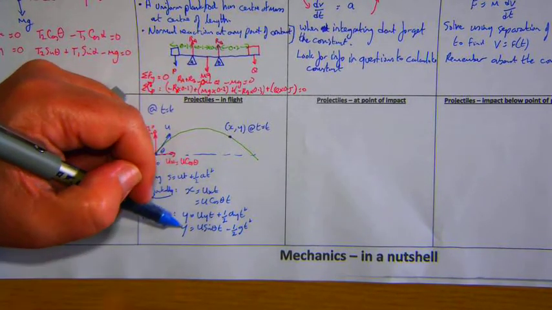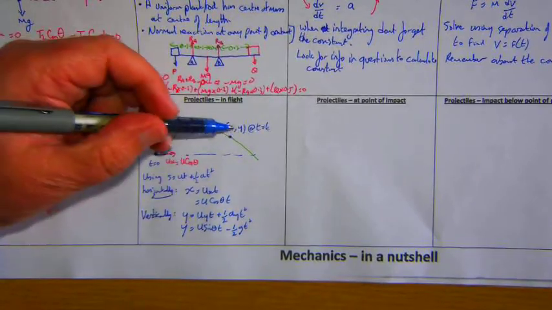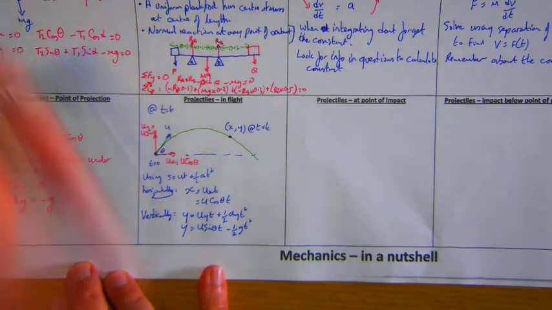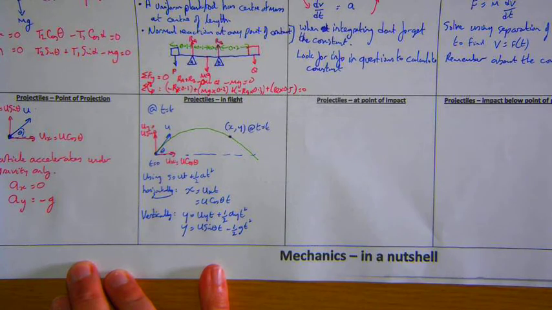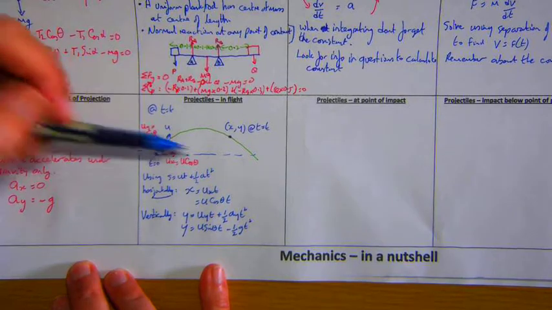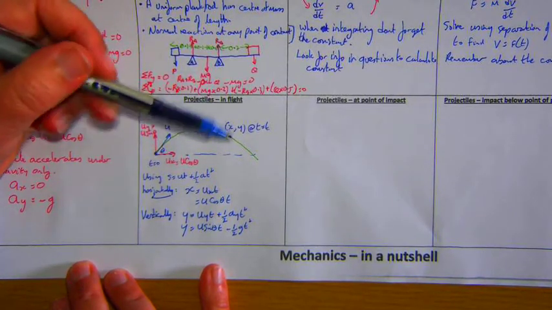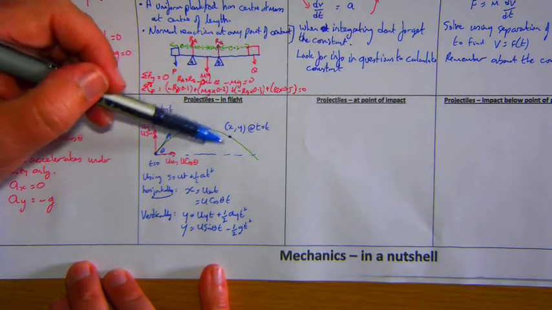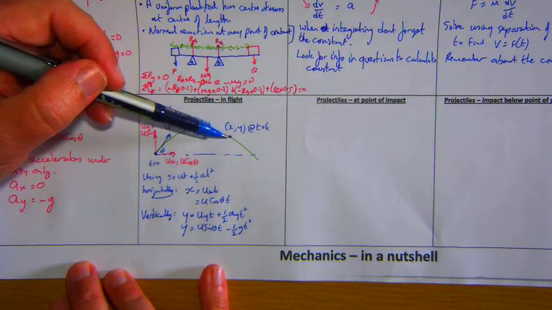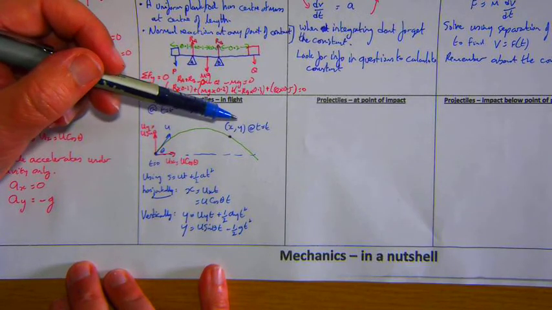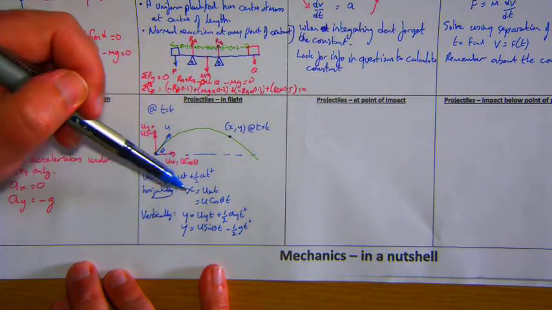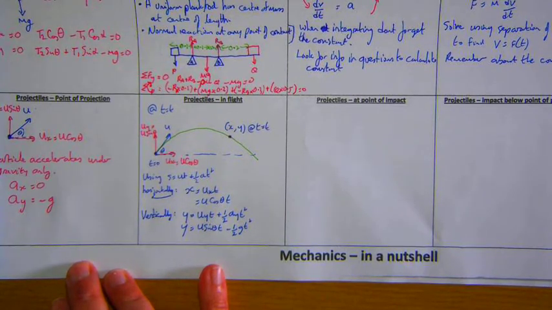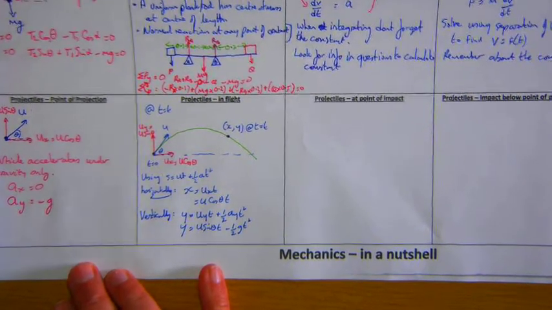Or if the question asked me at what time is it at a particular position, with x is 2 and y is 1, for example, then I could put x and y values in there and work out the corresponding value of t. So that's what happens in flight.